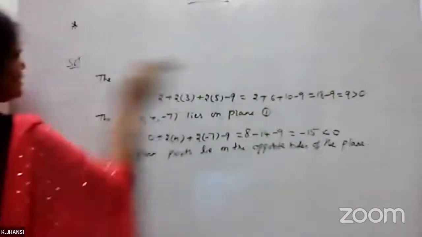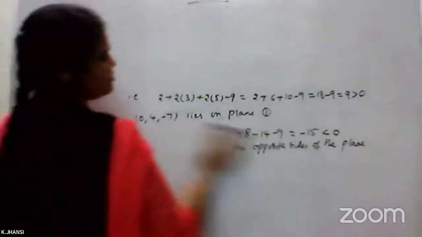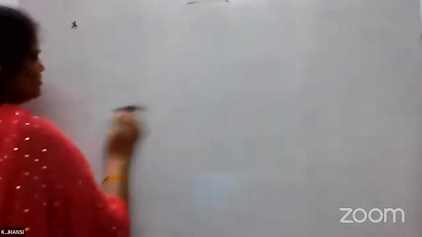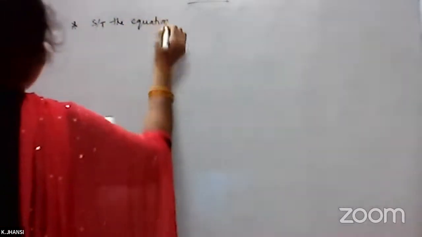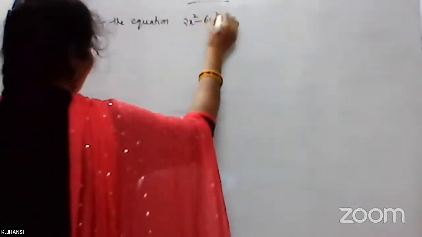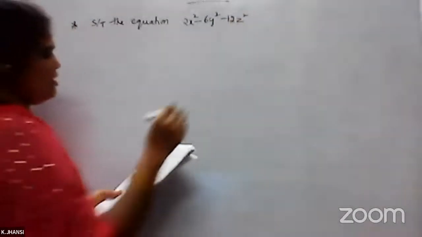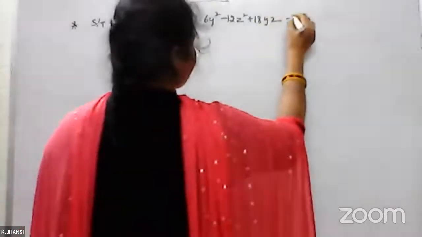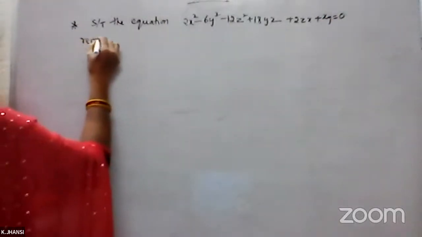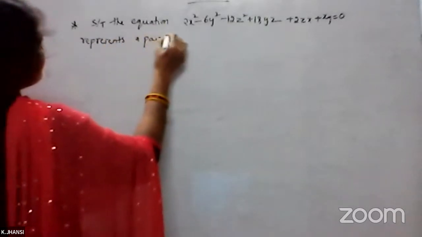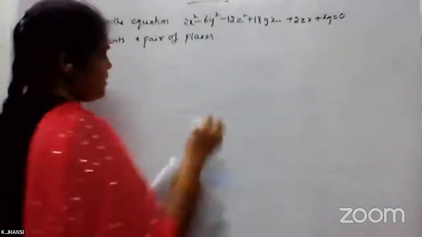Next we have pair of planes. For pair of planes, the problem will be: show that the equation 2x square minus 6y square minus 12z square plus 18yz plus 2zx plus xy equals 0 represents a pair of planes.